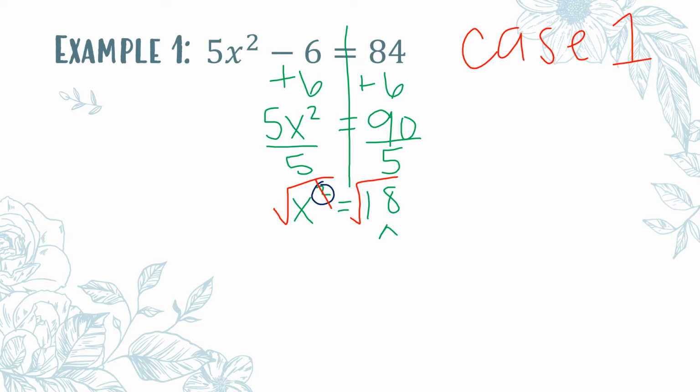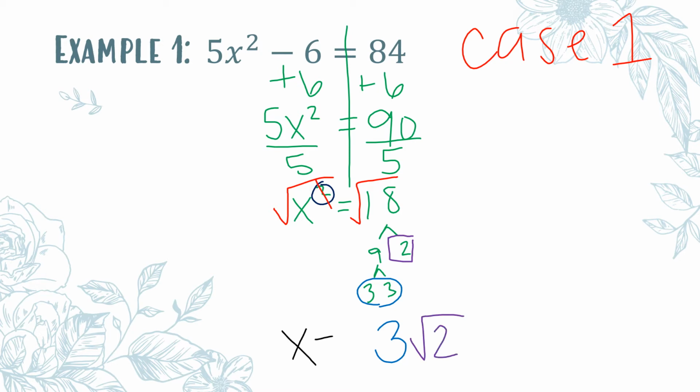So 18 breaks down into, we'll do 9 and 2, and then 3 and 3. So I have a pair of 3's, and I have a single 2. So couples go out, so the 3 is going to be in front, and singles stay in. So I'm going to have square root of 2 inside the radical.